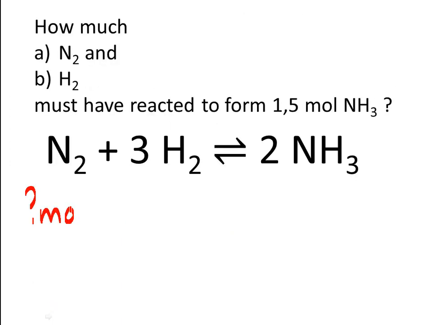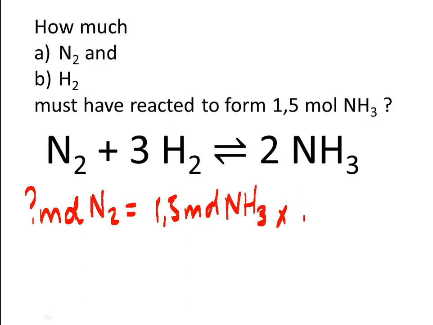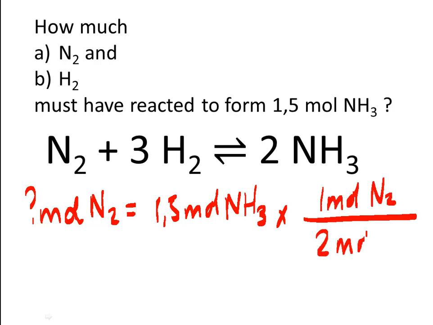How many moles of nitrogen must have reacted in order to produce 1,5 moles of ammonia, when we know that the ratio in which these react is 1 mole of nitrogen for every 2 mole of ammonia produced? Notice, mole ammonia needs to be at the bottom to cancel away the given unit.